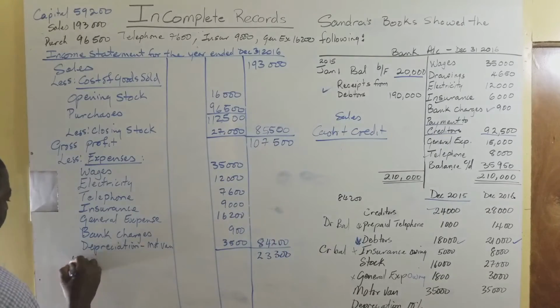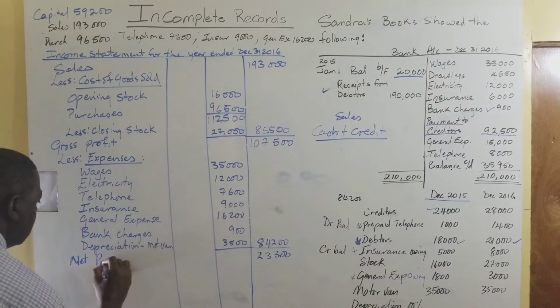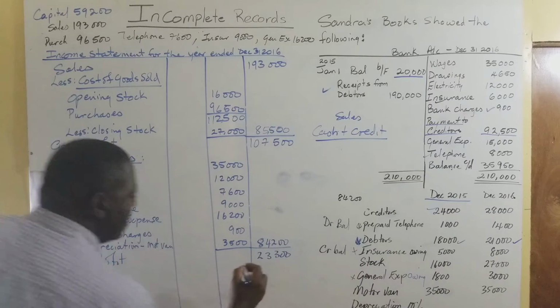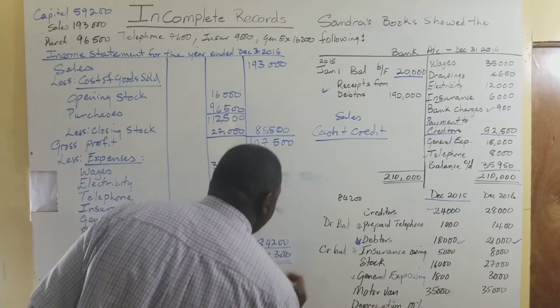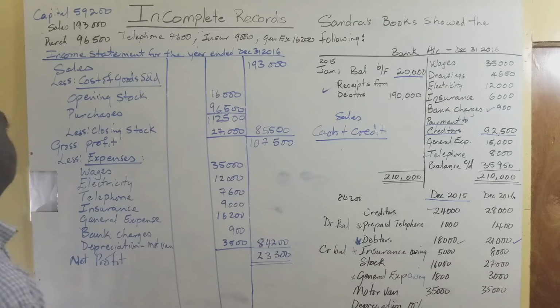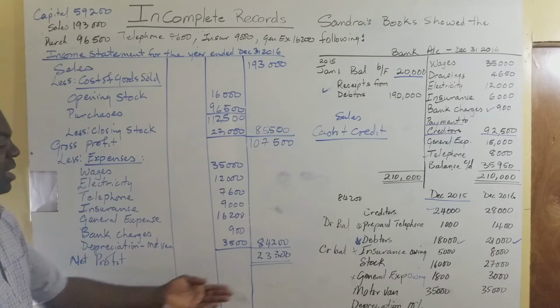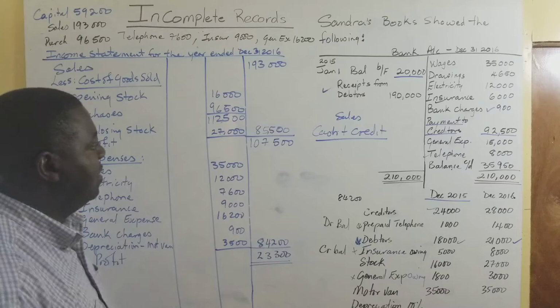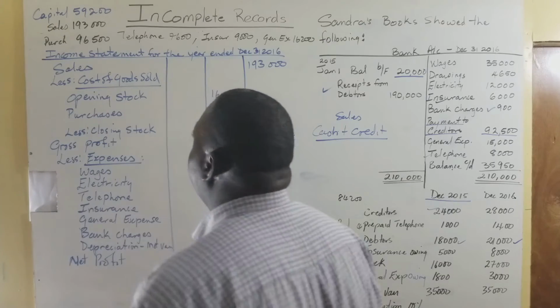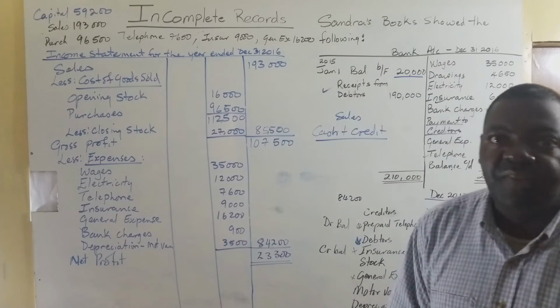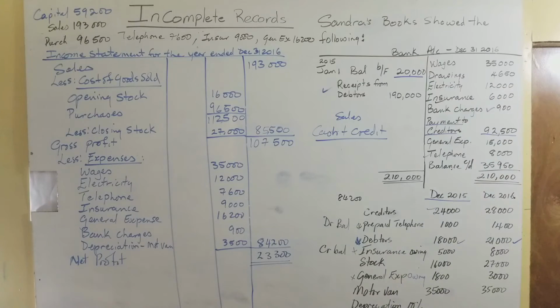That would be our net profit. So we have now accomplished Sandra's income statement, and she's operating with a net profit of 23,300. We're now going to be moving to do the balance sheet to close out this activity.